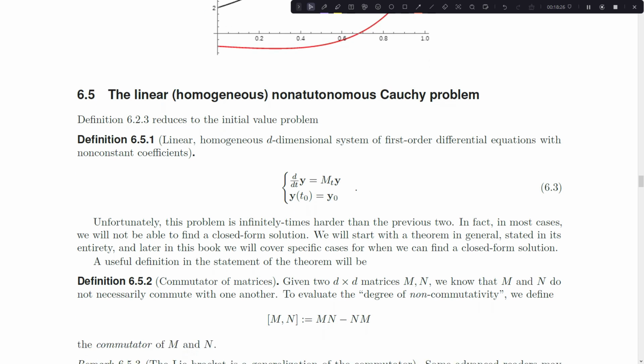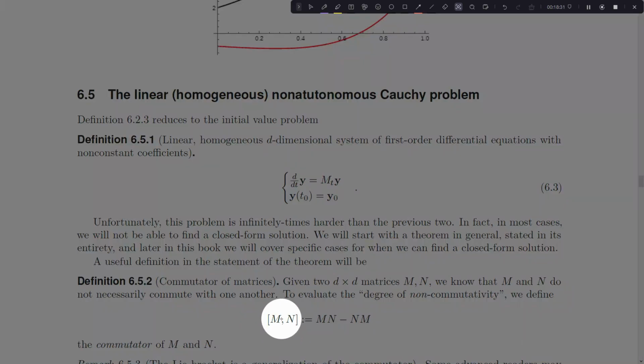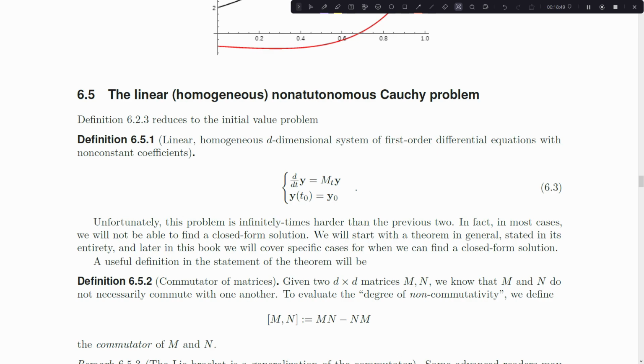So we have something called the commutator of matrices, and this isn't necessarily too crazy, but we do have to define it. It just asks the question, how commutative are the matrices M and N? I'm going to calculate M times N minus N times M. If they're commutative, this will be 0. If they're not commutative, it'll be some other matrix, right? If I subtract 2 matrices, I gain another matrix.